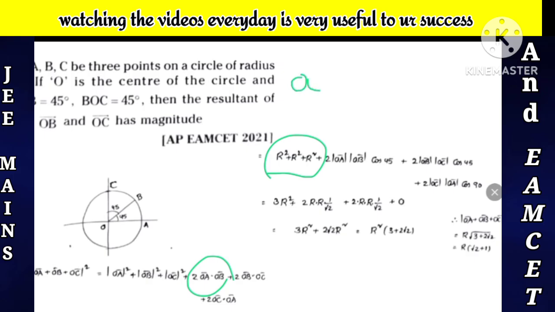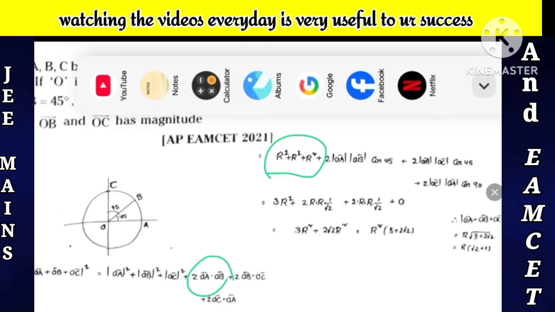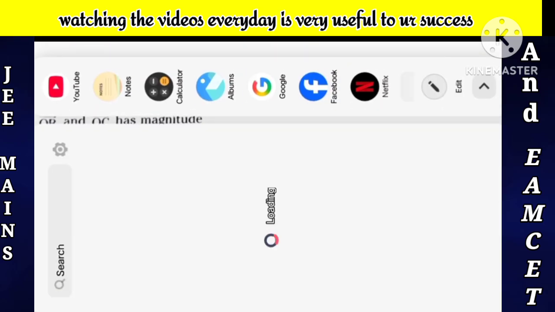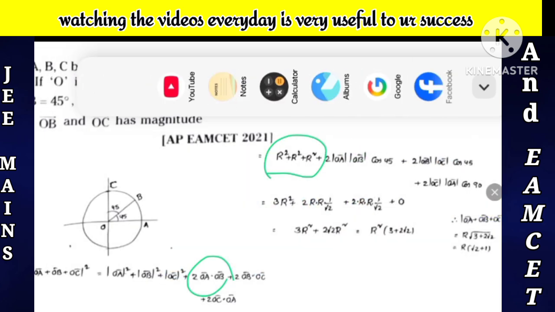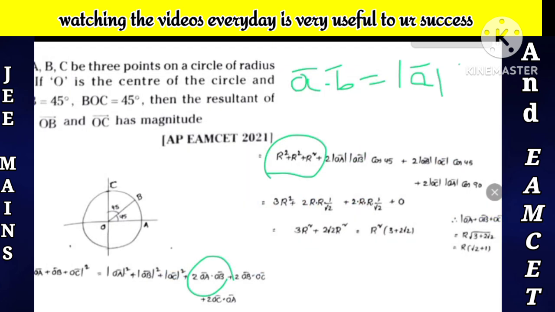What is the formula for A bar dot B bar? A bar dot B bar is equal to mod A bar mod B bar cos theta.